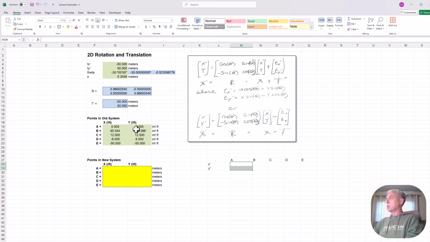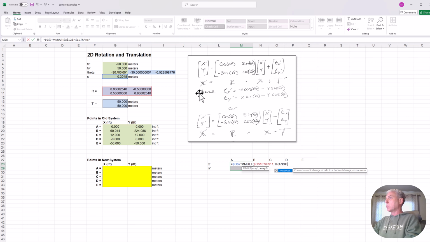So anyway, my point A would be equal to the scale, and I'm going to F4 so it's absolute, times the multiplication of my row vector, comma, the transpose of my original coordinates, because in order for matrix multiplication to work, my dimensions have to be correct, right?